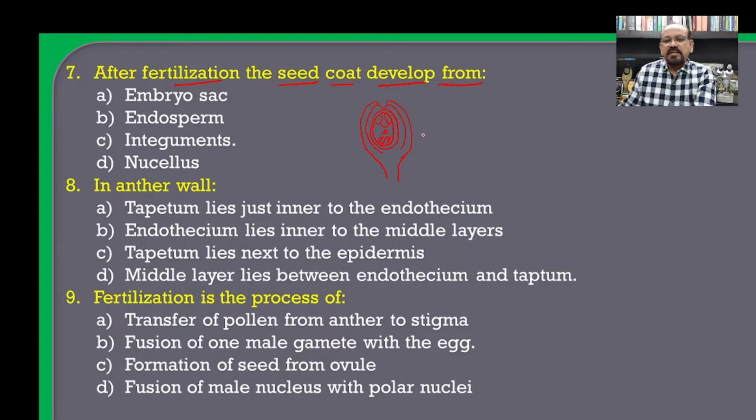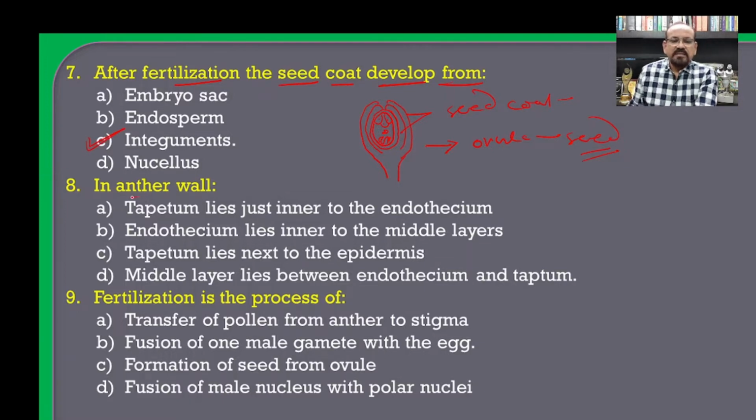This ovule converts into the seed after maturation, and hence these integuments later on form the seed coat, so the integuments are involved in the formation of the seed coat.